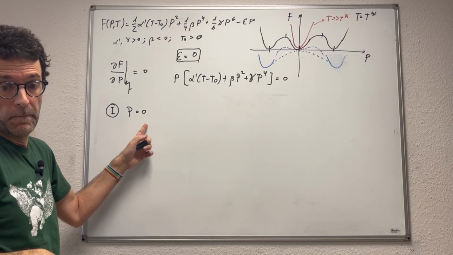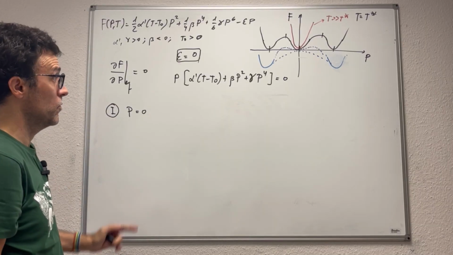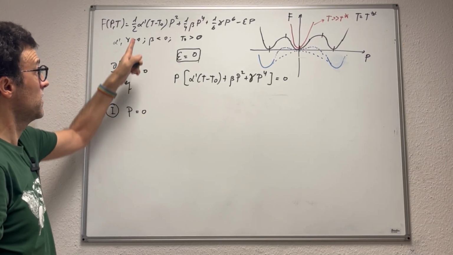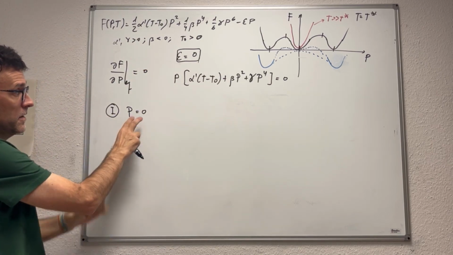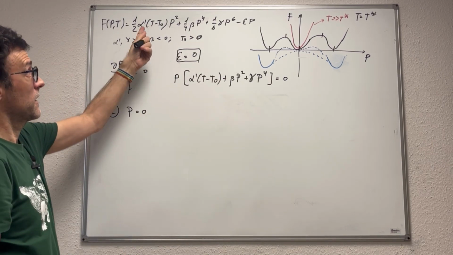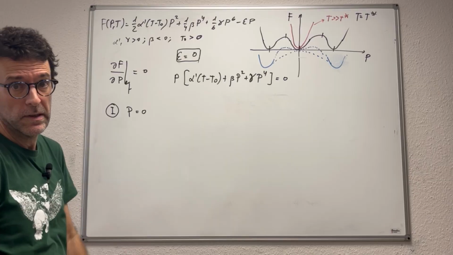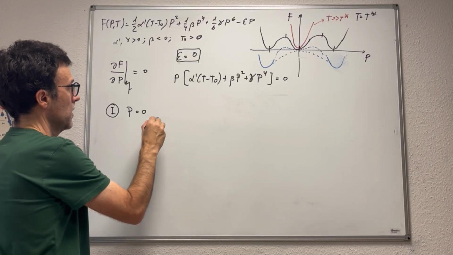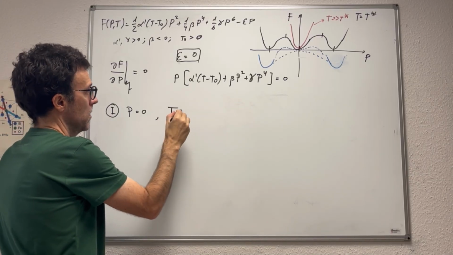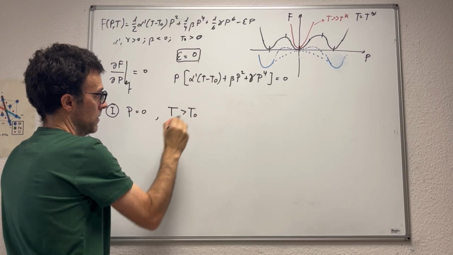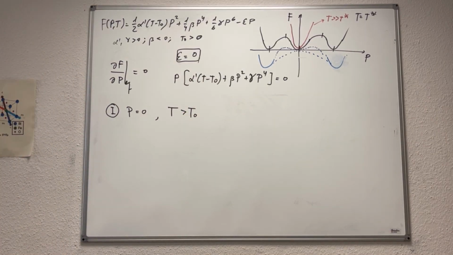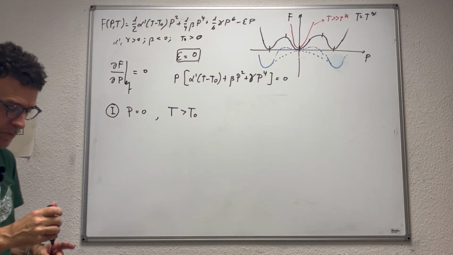When will this be a minimum, so therefore a stable solution? That one is very simple, because the curvature of the free energy around p equal to 0 is directly given by alpha. Okay, so this solution is a minimum for temperatures above T0. Well, it always exists and is a minimum.